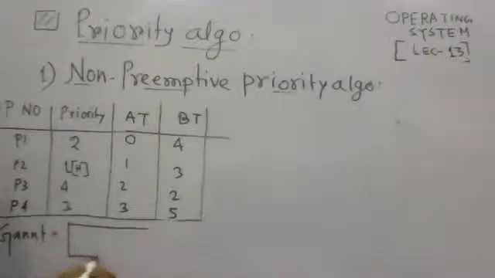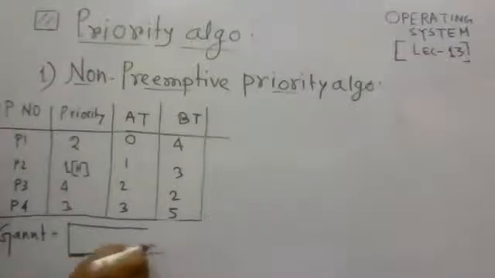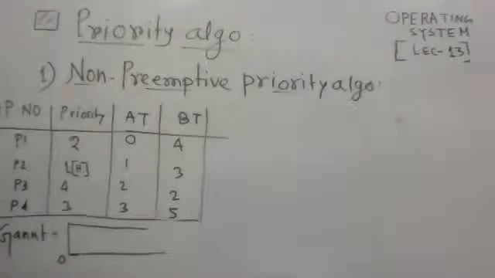Suppose this is our Gantt chart, and obviously this chart always starts from 0. Now check which one is the highest priority process, that is P2. But at the same time we have to check arrival time also.